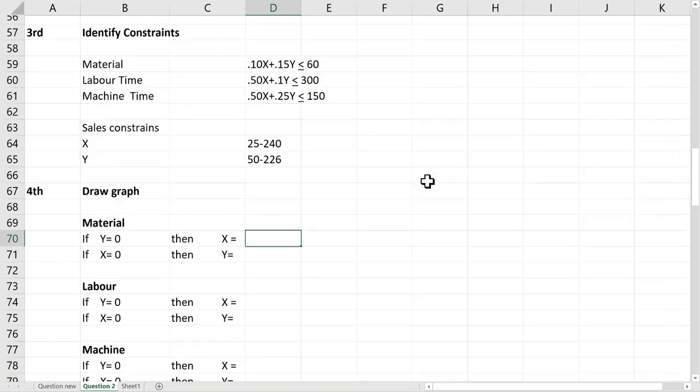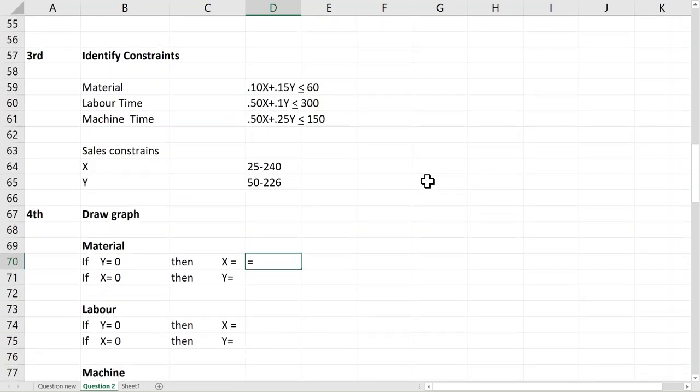So if Y equals 0, then X would be, for material, 60 divided by 0.10. If X equals 0, then Y would be 60 divided by 0.15.